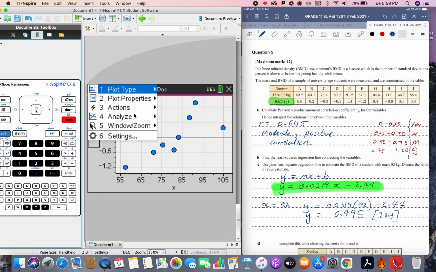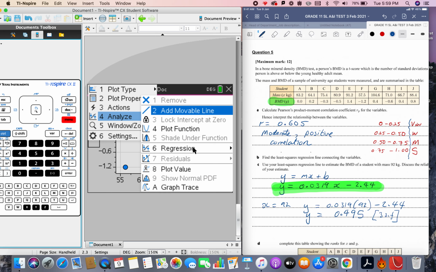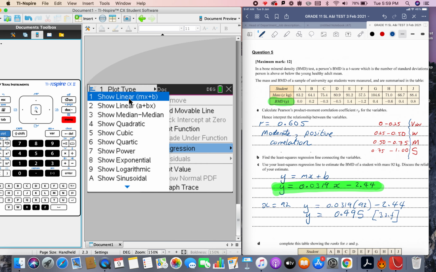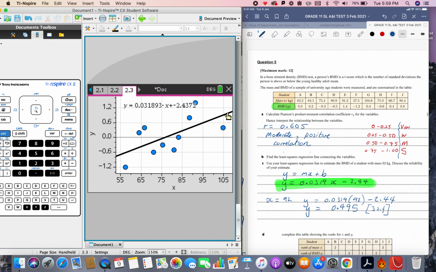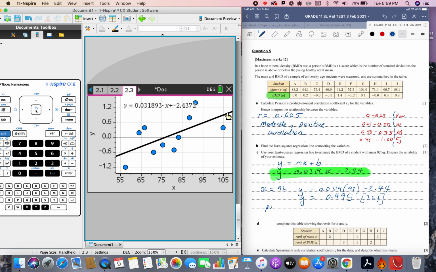If I do menu, analyze, regression, let's do that linear regression. We can see the equation of the line on there, and 92 is somewhere here, so it feels like we can use this line to estimate outputs for inputs. Then, if we go back to the writing page, we might say it could possibly be unreliable as R is only moderate.